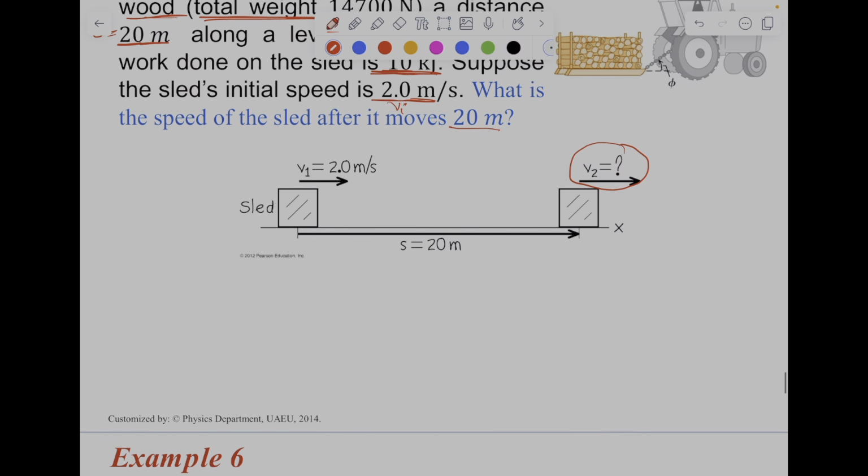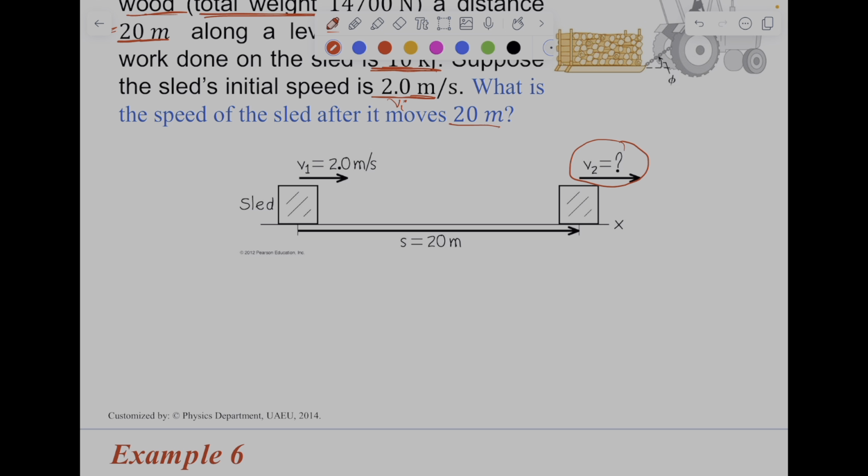Okay, so we're going to apply our work energy theorem, which is the total work done is equal to the change in kinetic energy, which is the kinetic energy at 2 minus the kinetic energy at 1.